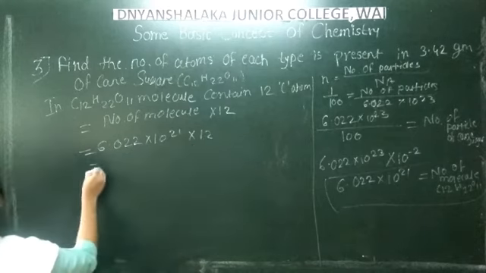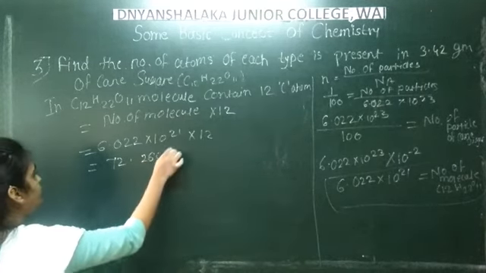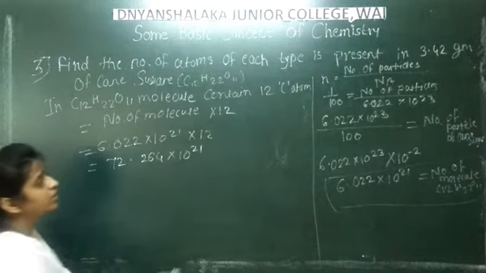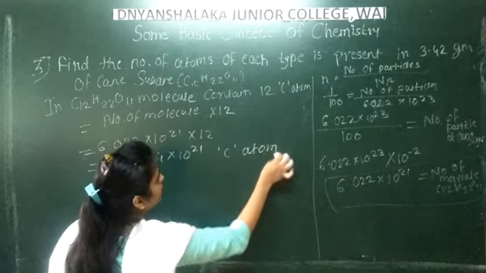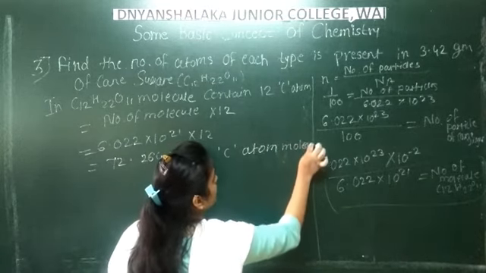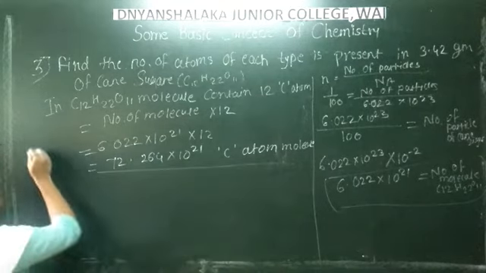So we get the answer 72.264 into 10 raised to 21 carbon atoms present in cane sugar.